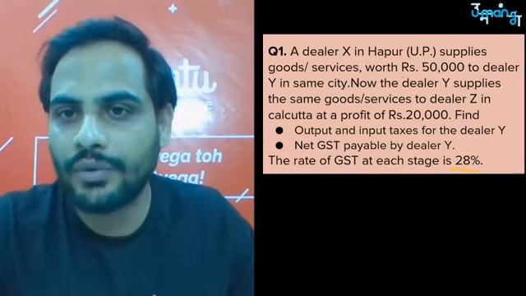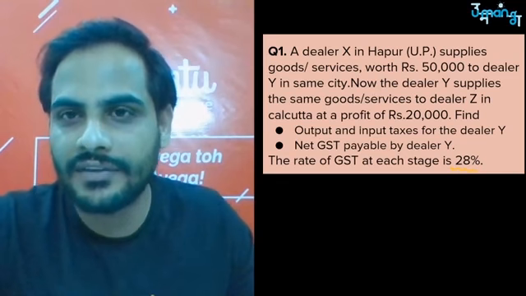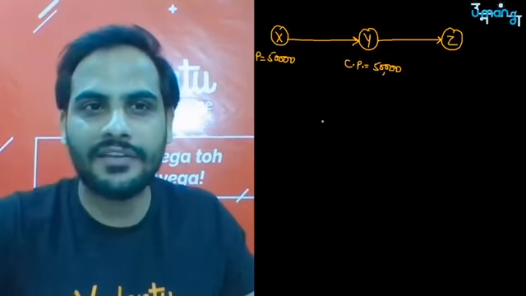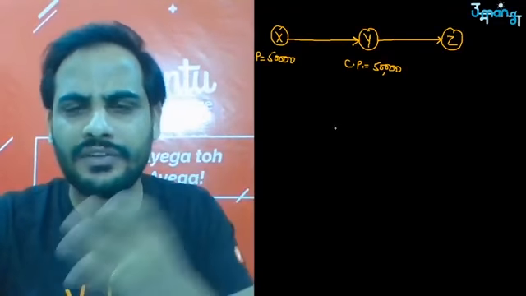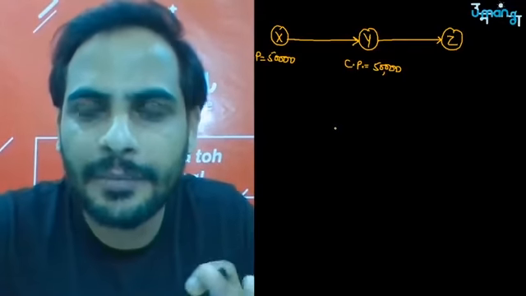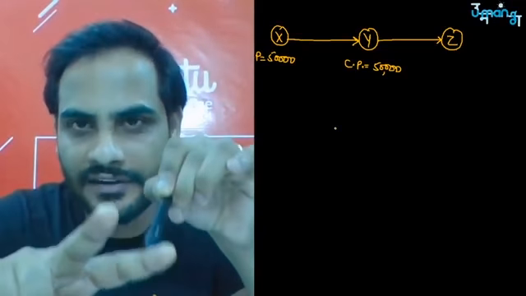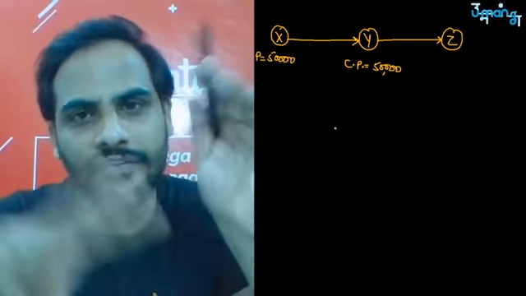Let us calculate the GST when it goes from X to Y. It is transferring from UP to UP only, city to city, so the 28 percentage will be divided into two parts: 14 percentage central GST and 14 percentage state GST.